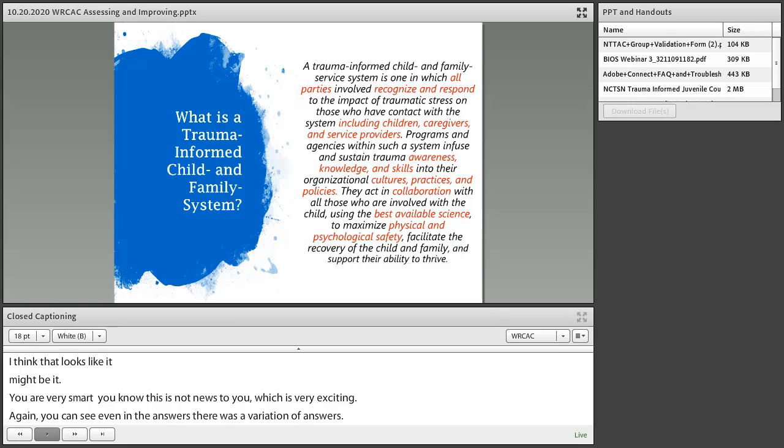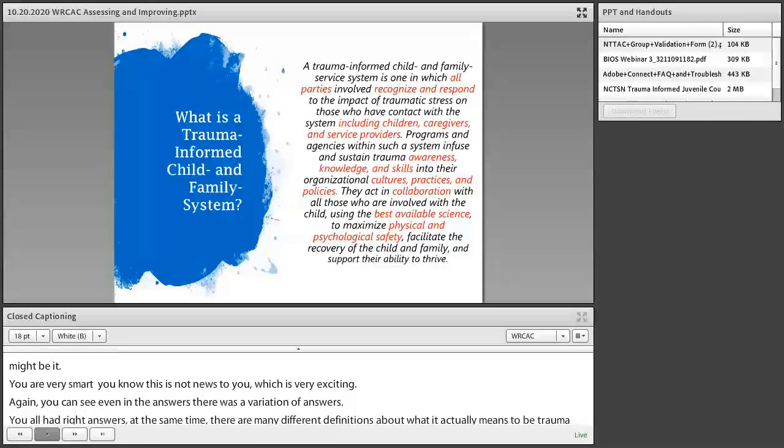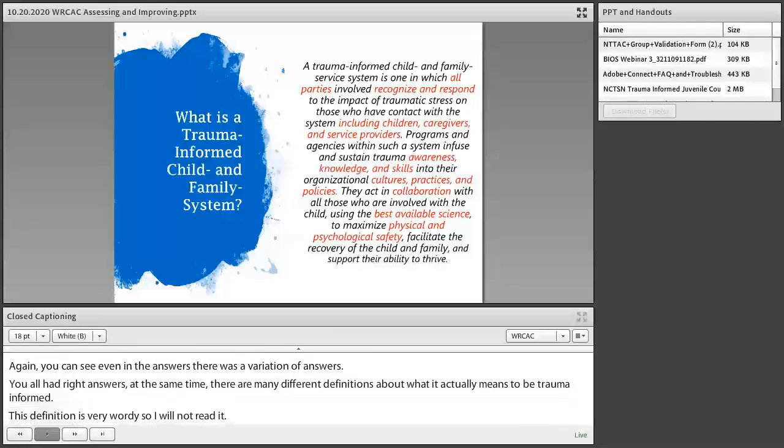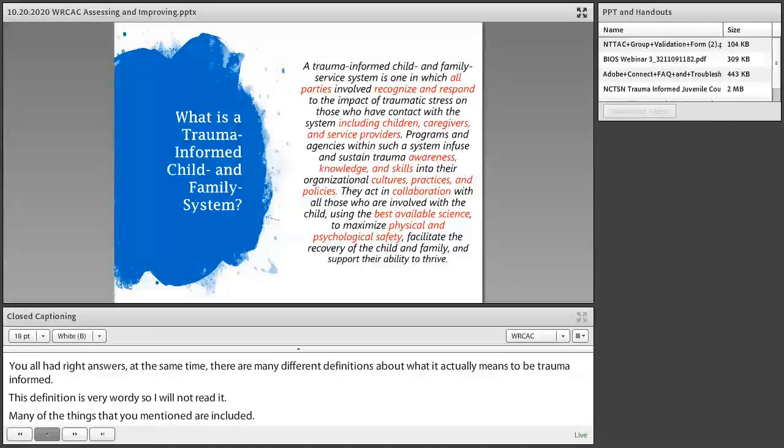Now, this definition is very wordy, so I'm not going to read it to you, but you'll notice many of the things that you all mentioned are included in here. This definition comes from the NCTSN. So you'll notice a theme here, referencing the network quite a bit. It's one in which all parties recognize it.